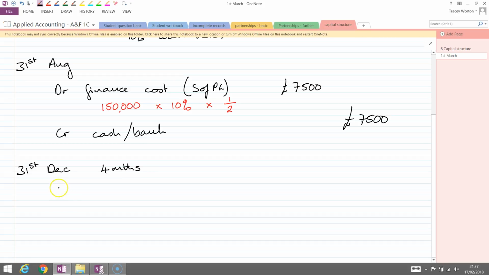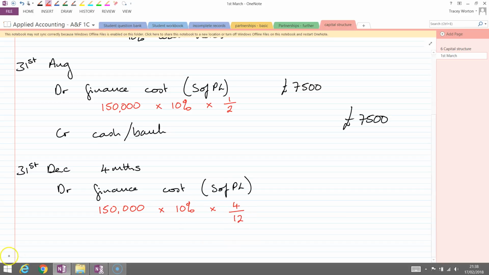So we are going to debit the finance cost on the statement of profit and loss with £150,000 worth of debt at 10% and 4 months worth of interest.